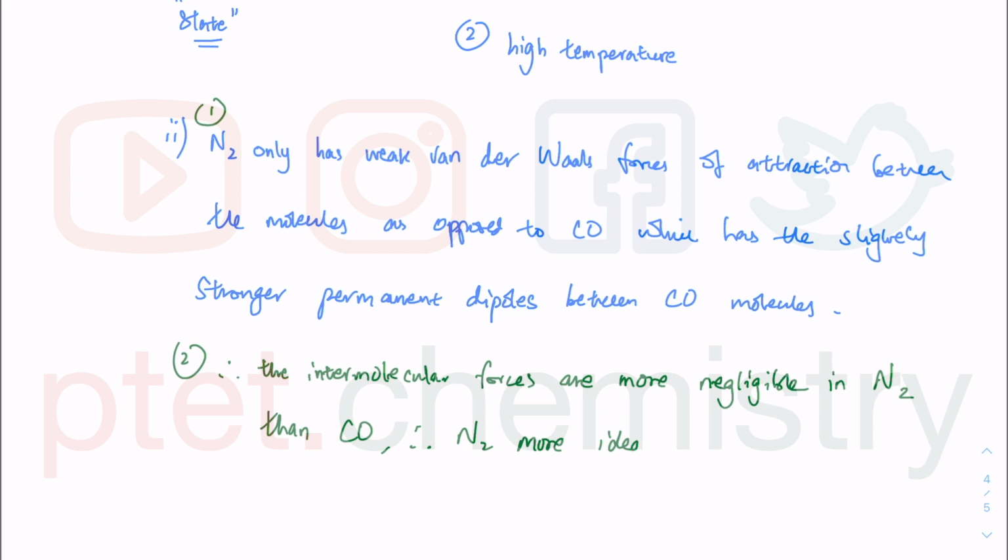In a way, it is trying to relate the strength of these intermolecular forces with their negligibility, which is basically the assumption, one of the biggest and most important assumptions for ideal gases.